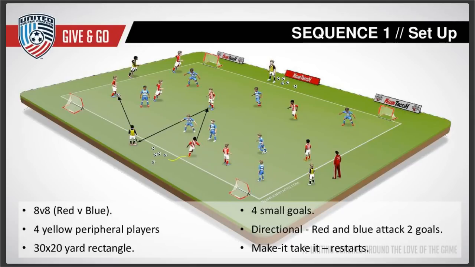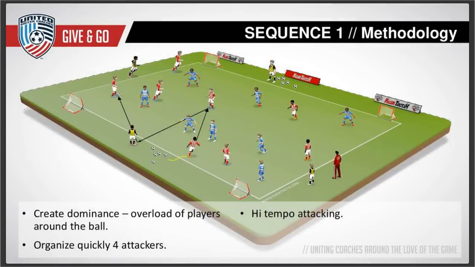Let's go, Ian, to the methodology slide and talk about some of the things that you would like to see as a coach. Yeah, so we definitely are focusing on the 2 teams of 8 in the center of the grid and how they can take advantage of numerical overloads and dominate areas of the field, and we'll see that in some subsequent slides.